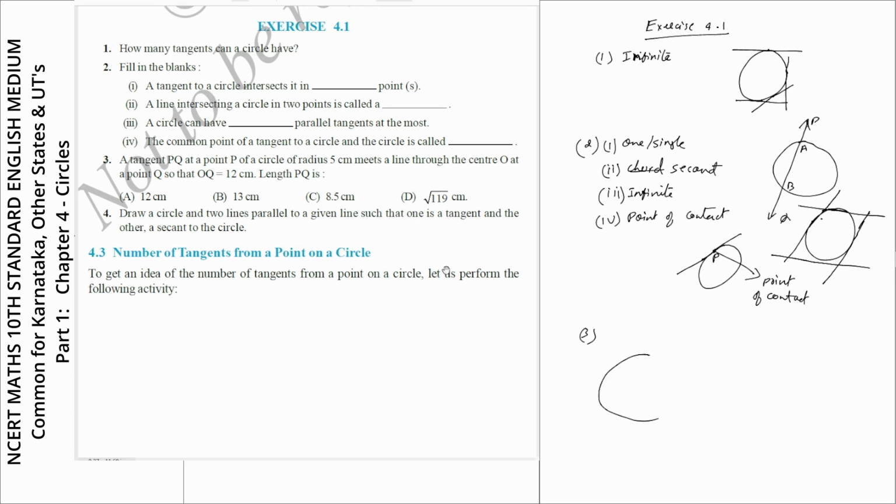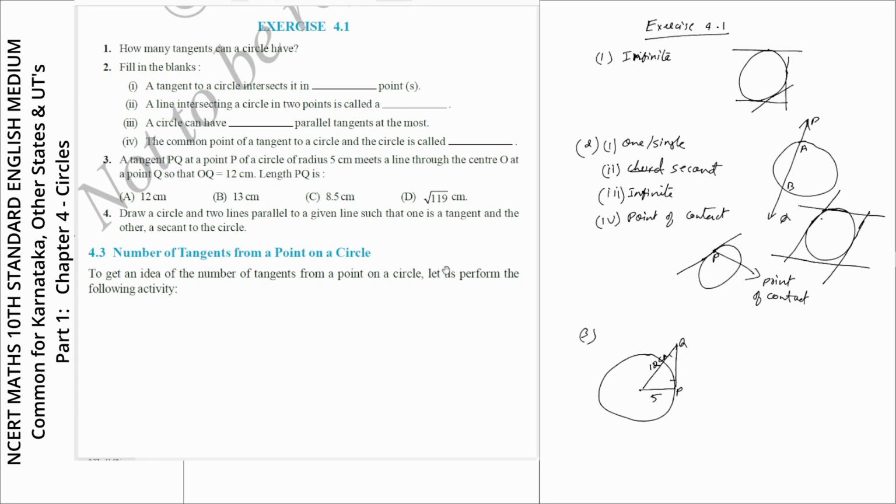So there is a circle and the radius is 5 cm. Tangent PQ at point P, so there is a tangent PQ and the point of contact is P, and OQ. PQ is the tangent and OQ is equal to 12 cm. So what is the length of PQ is the question.